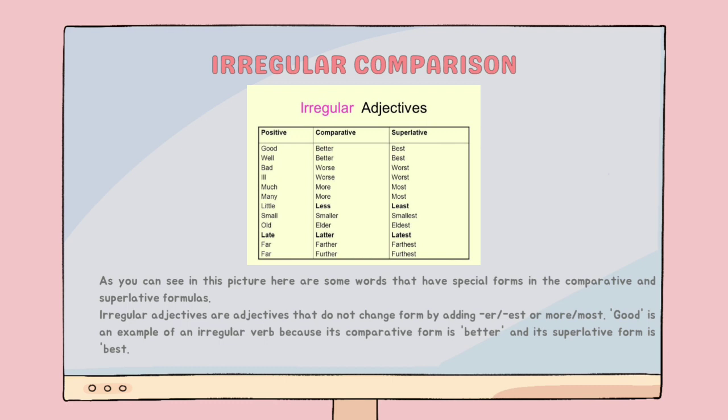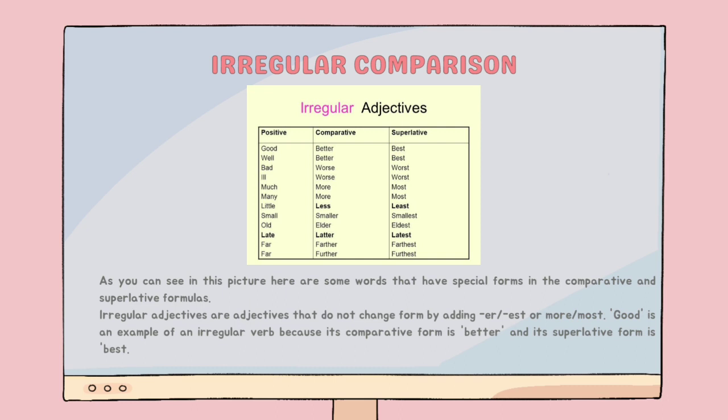Many, more, most. Little, less, least. Small, smaller, smallest. Old, elder, eldest. Late, later, latest. Far, farther, farthest. Far, further, furthest.